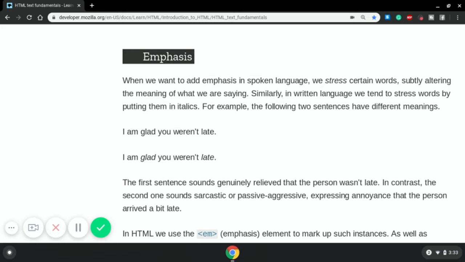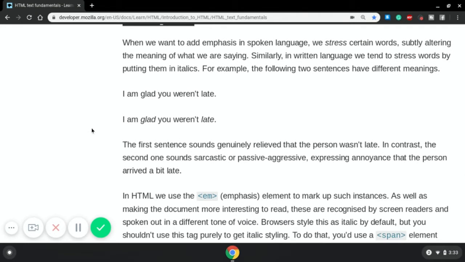Emphasis. When we want to add emphasis in spoken language, we stress certain words, subtly altering the meaning of what we're saying. Similarly, in written language, we tend to stress words by putting them in italics.